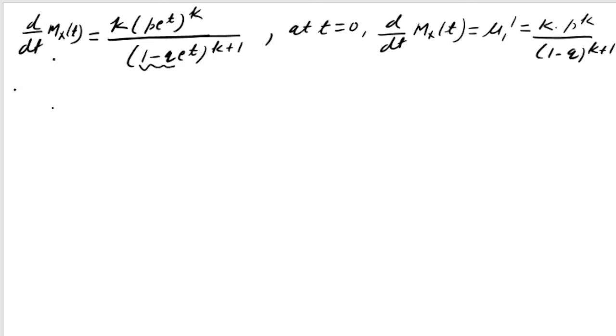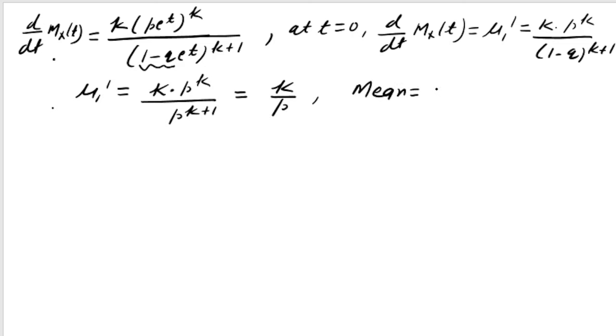So mu1 dash is equal to k into p to the power k divided by p to the power k plus 1. So I get this is equal to k by p. So I have got the first result, that is mean is equal to k by p, right? This is the first result. I hope up to this there is no doubt.